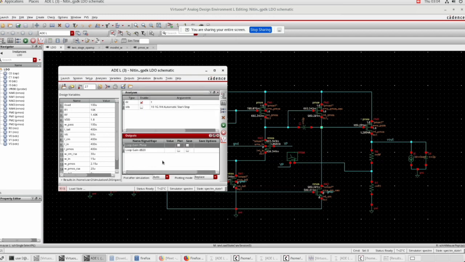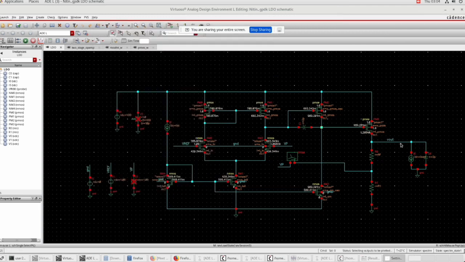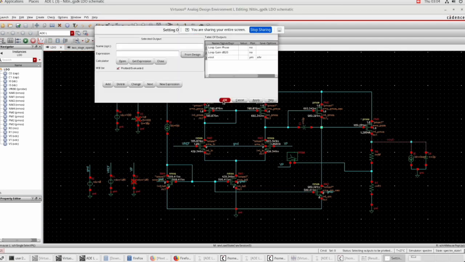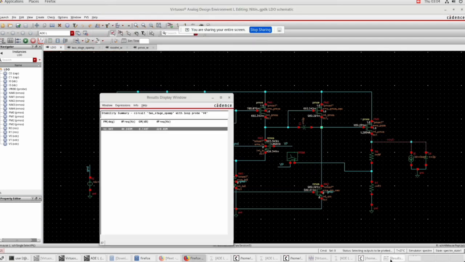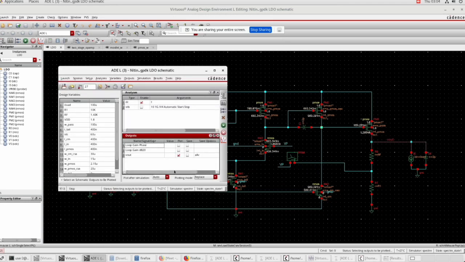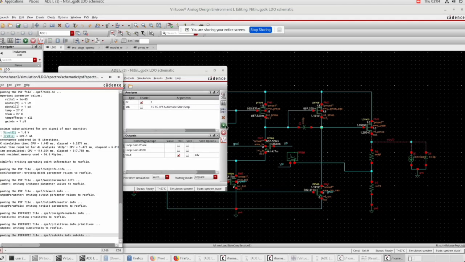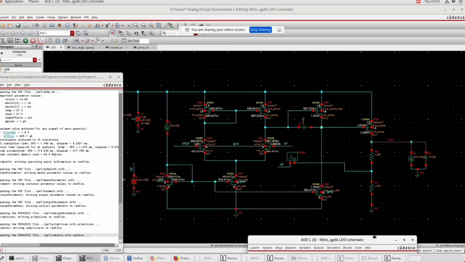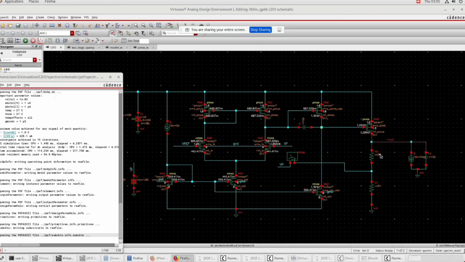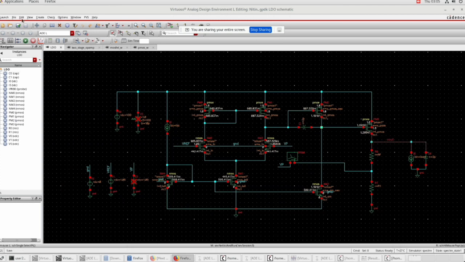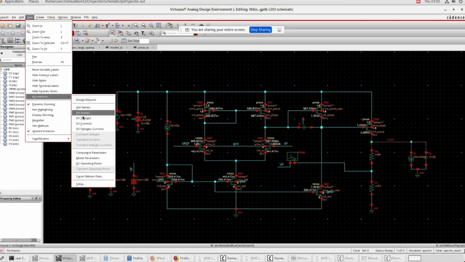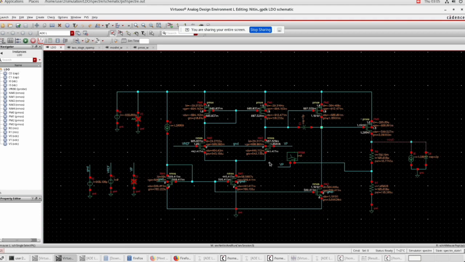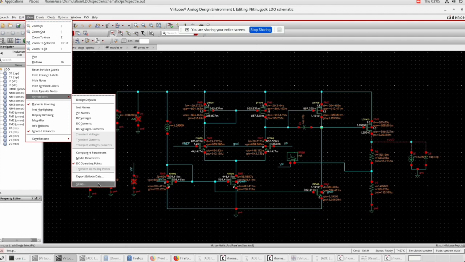First, let us look at the DC operating points. So yeah, from this we can see that the voltage at the output is 1.2 volt. Also, to check the DC operating points, these are the DC operating points, and again to view the annotations of regions we have to do the same thing.